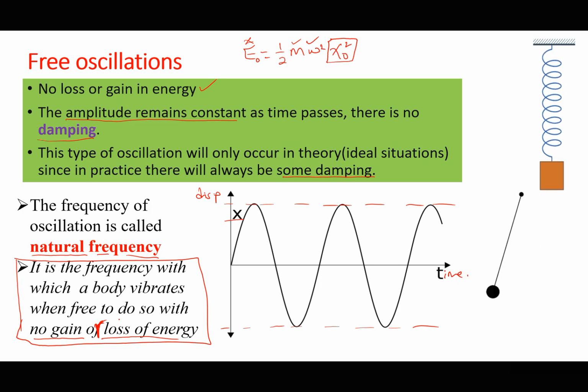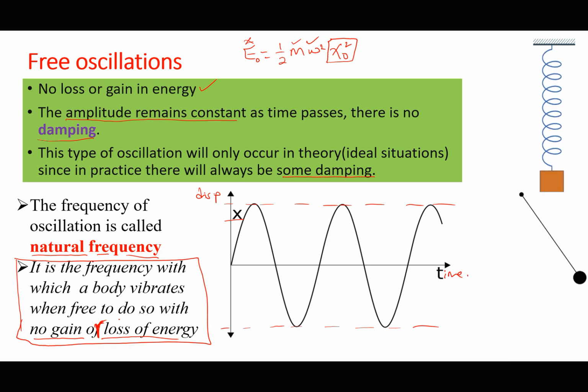That is what we call free oscillations. But like I have said, we have considered simple harmonic motion to be free oscillations whose amplitude remains constant, but that was simply theoretical. It was not really practical. We could say it is a practical ideal.